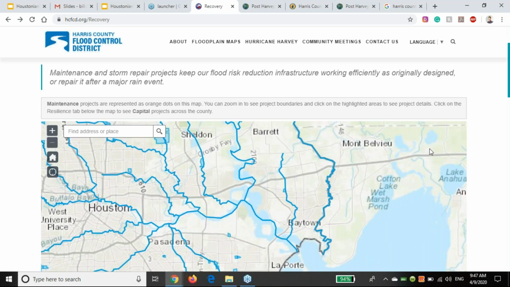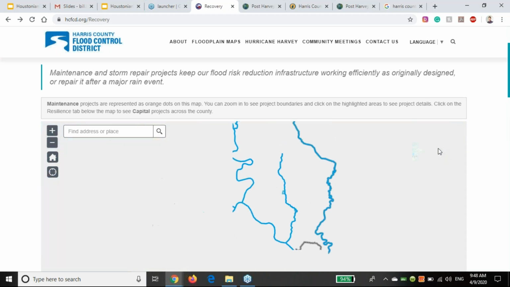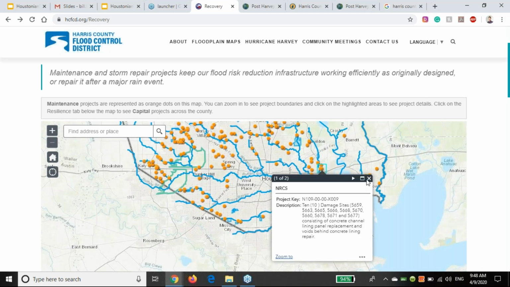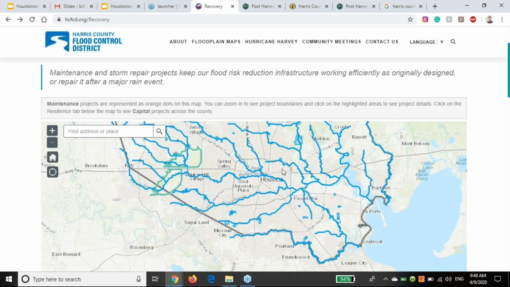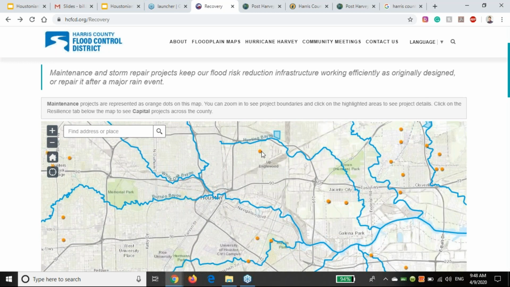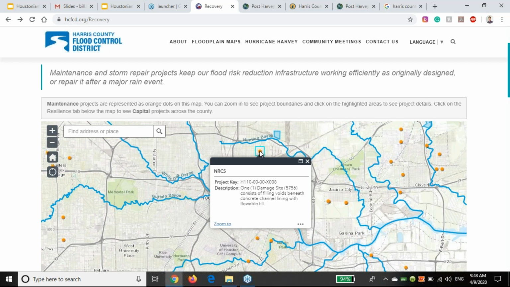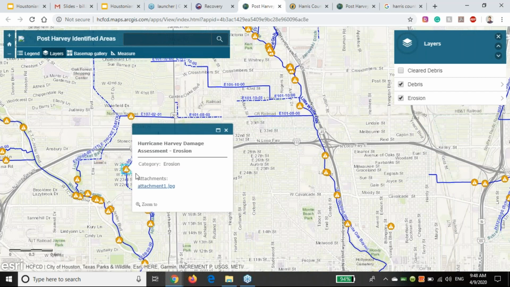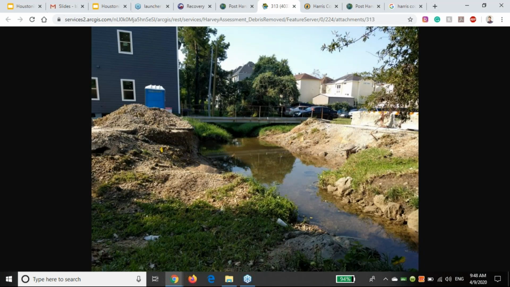We'll figure out how to do this before they all get on. You can see that photo? Yes. Of the drainage ditch? Mm-hmm. Okay, perfect. Got it.